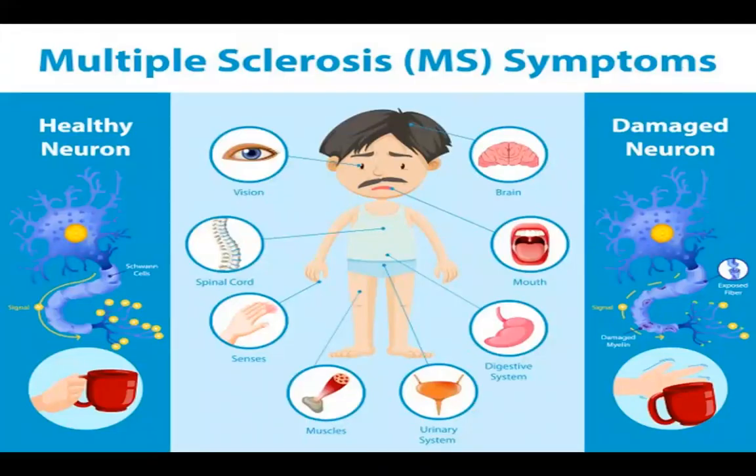So let's start with our most common cause of demyelination, MS. MS can affect multiple systems in our body, and it is an idiopathic cause of demyelination of central nervous system white matter. So it's a disease of the white matter, and it's a disease of the CNS.